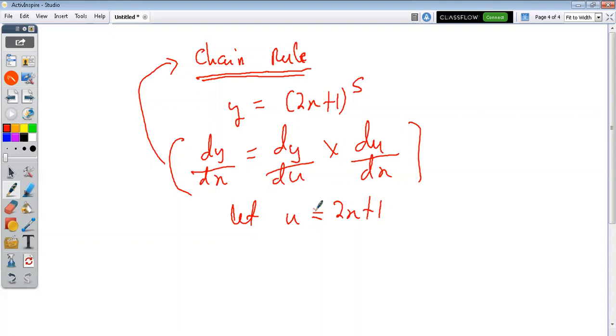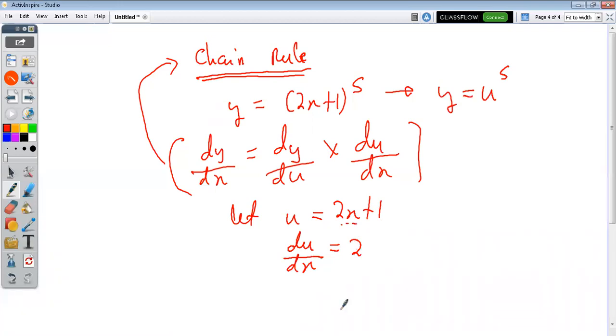So if we let u be equal to that, it means this term here simply becomes y is equal to u to the power of 5, because I'm saying let u be equal to this. Then from this here, we can differentiate with respect to x: du over dx is equal to, if I differentiate this here, it gives me 2.